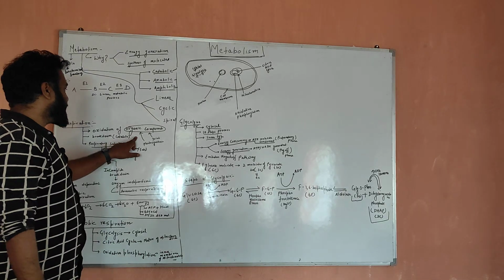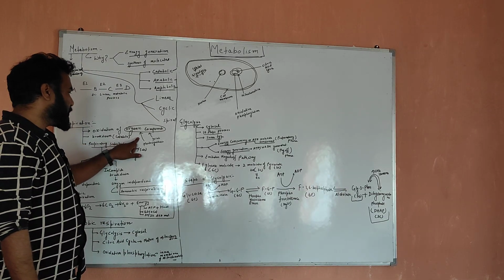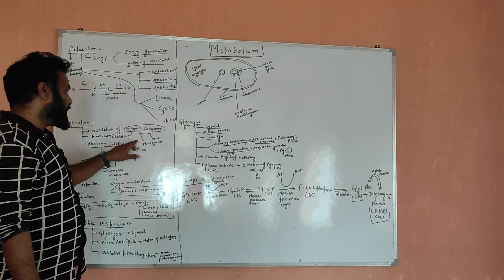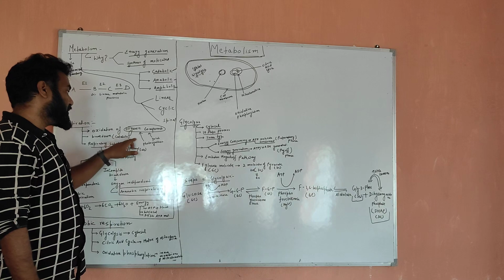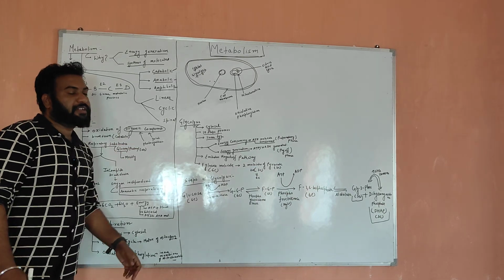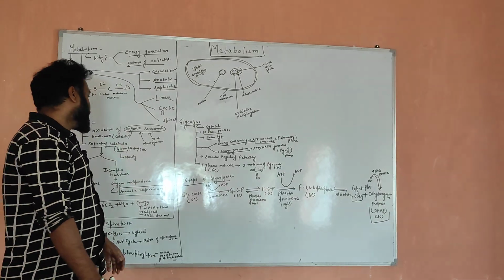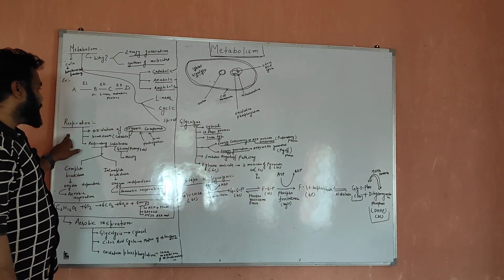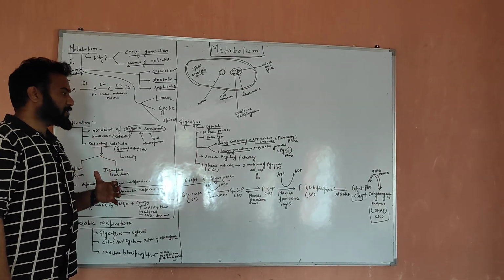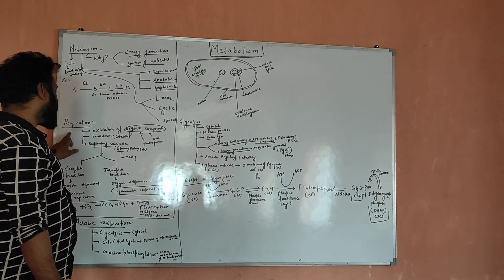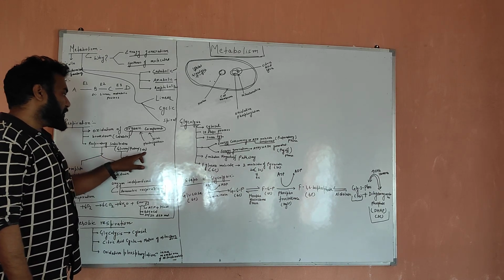For example, organic compounds such as glucose, proteins and fats: in plants these molecules are generated through photosynthesis, whereas in animals or humans they are taken in through the diet, right? So in respiration the breakdown of molecules occurs, so respiration is a catabolic process, where the respiratory substrate utilized is glucose, protein or fats.